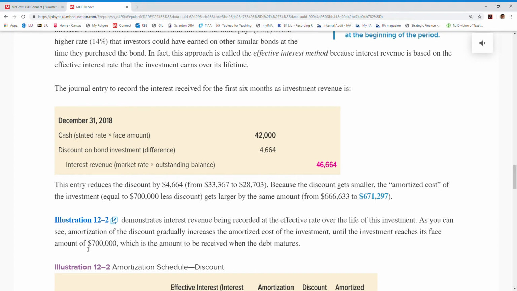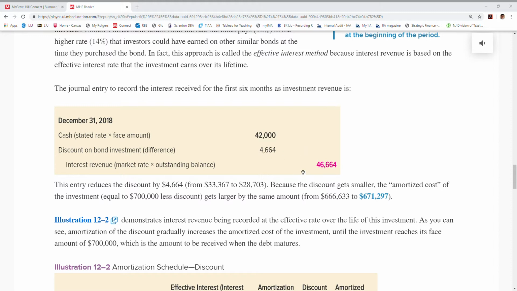The true revenue is 46,664, which comes from here. The cash received comes from here. The discount on bond amortized is here.